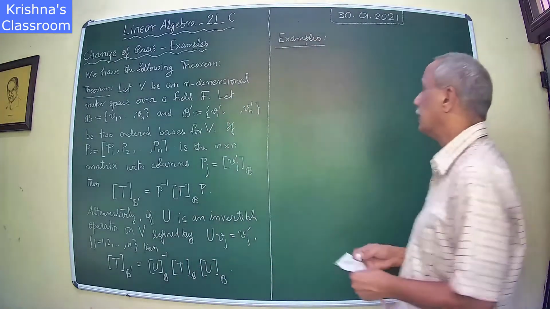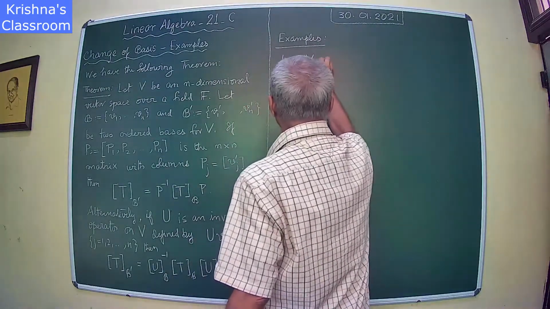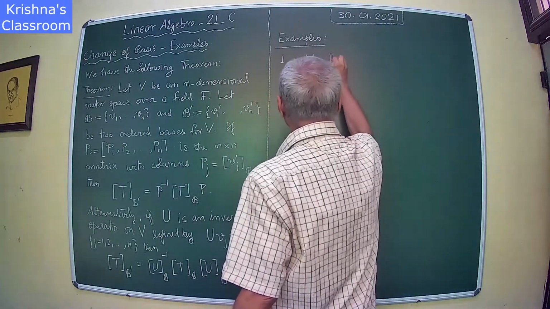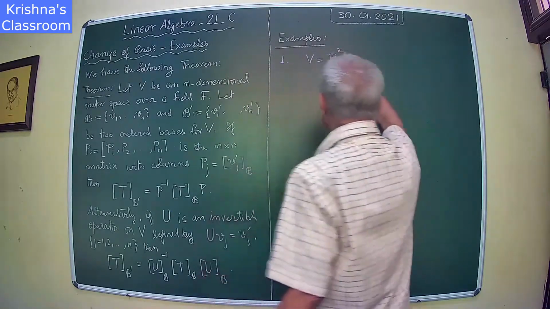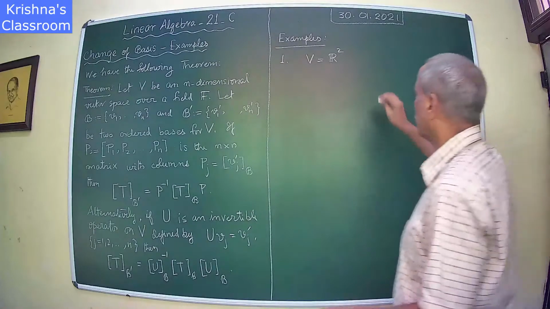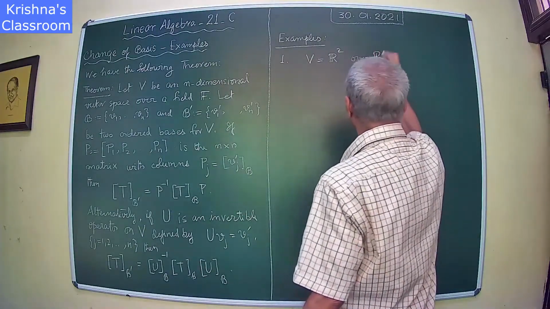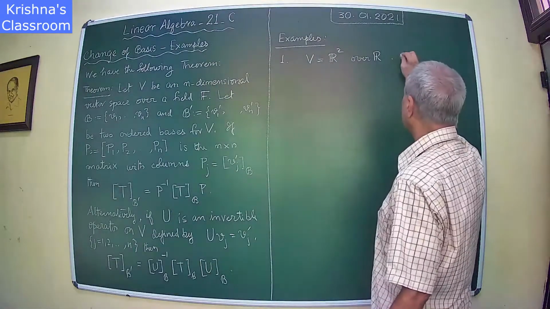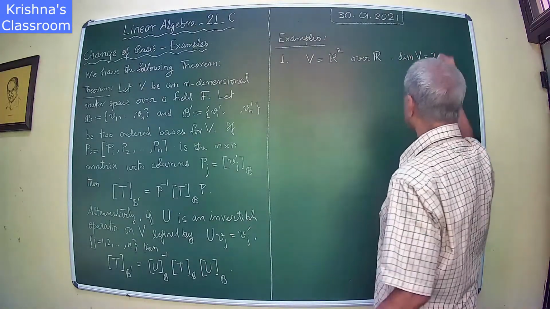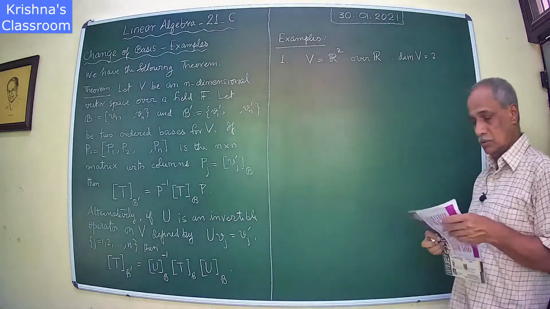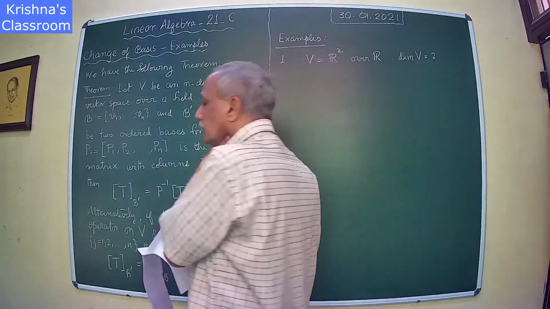Now the first example that we consider is choosing V equal to R2. This is a vector space over R. The dimension of V is equal to 2. So we choose two ordered bases.